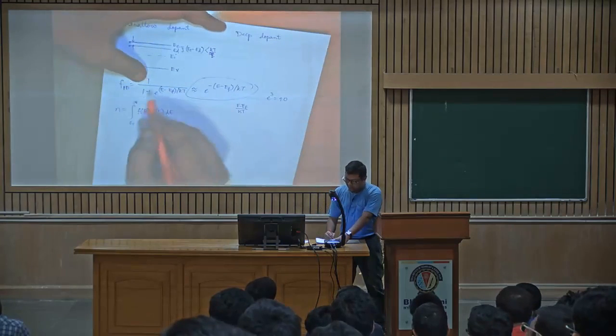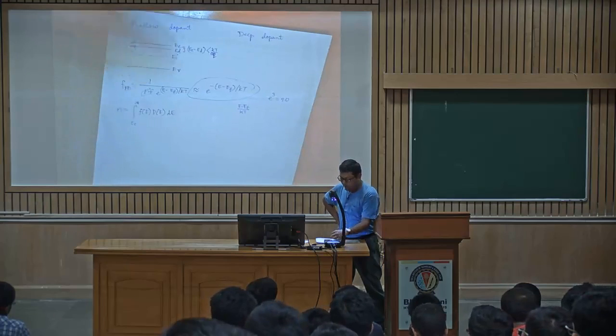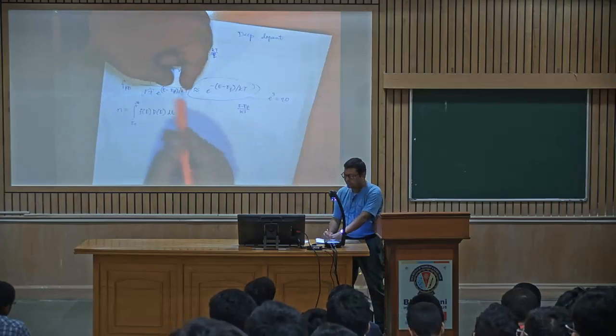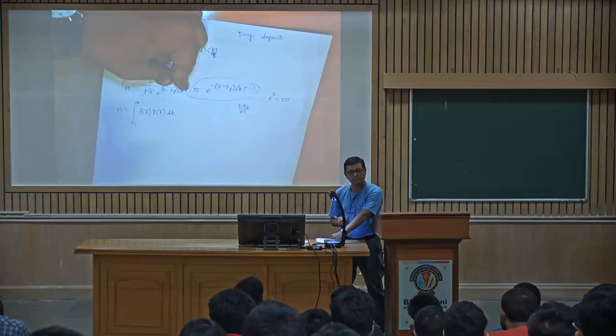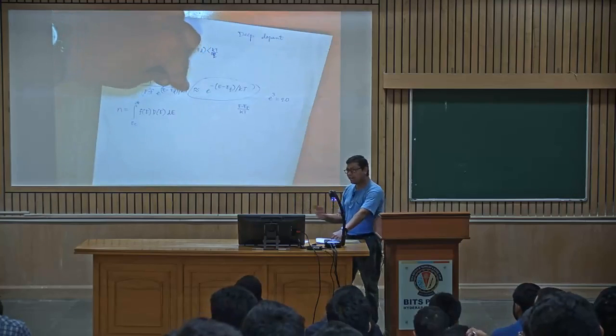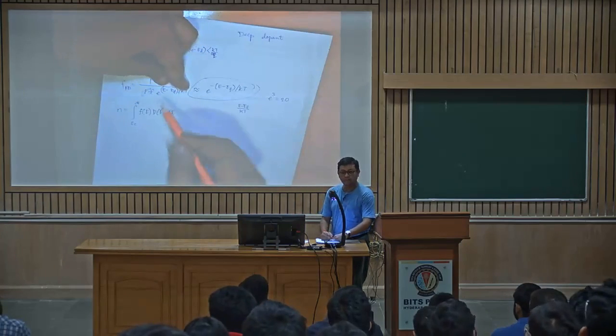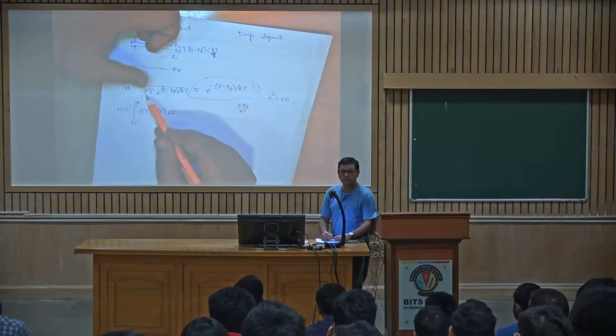If you want to neglect this 1, you can do that only when e to the power of (E minus EF) by kT is way higher than 1. The entire device physics, all the circuits, everything is essentially dependent on that. Otherwise it becomes really complicated. So the 1 has to be removed from here.